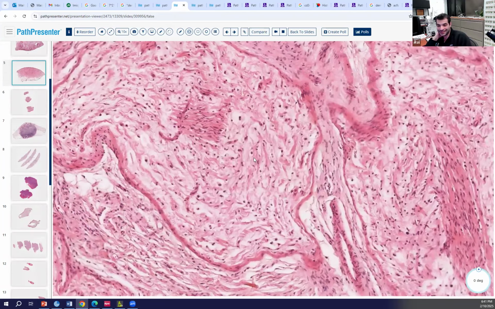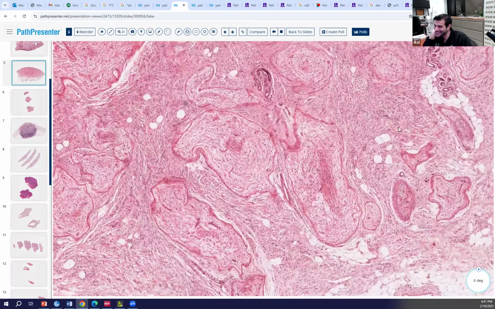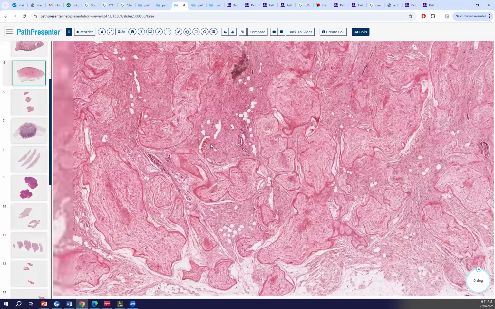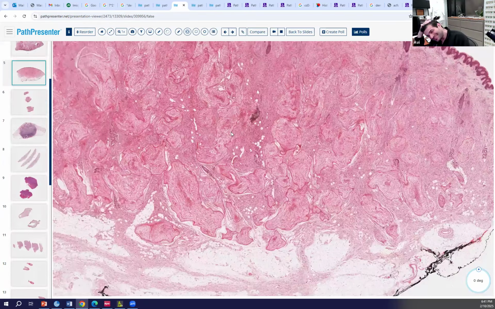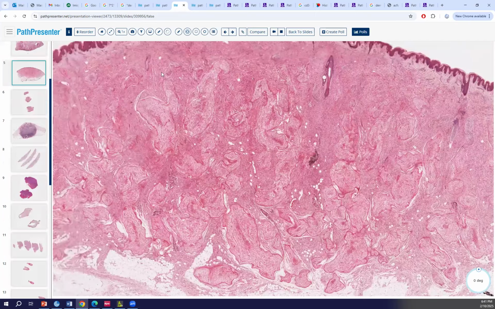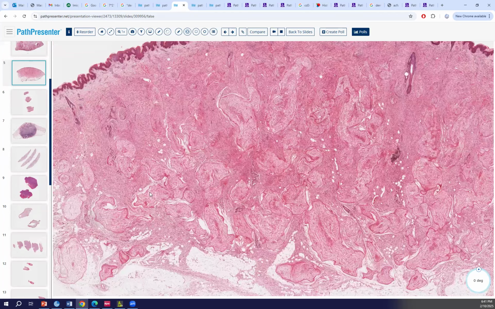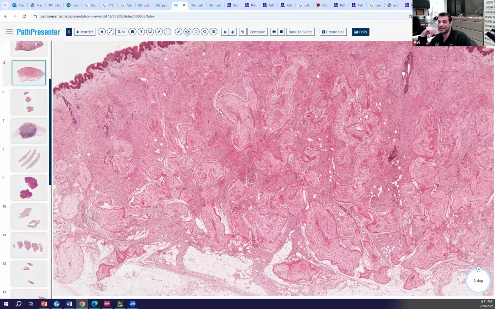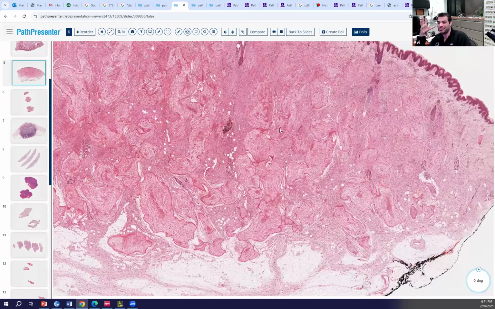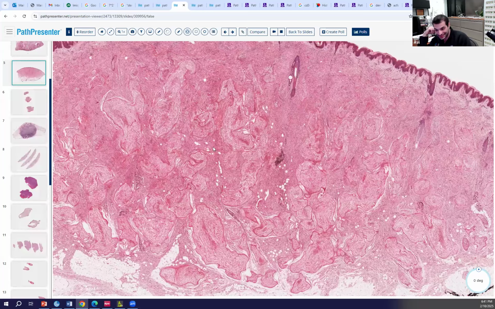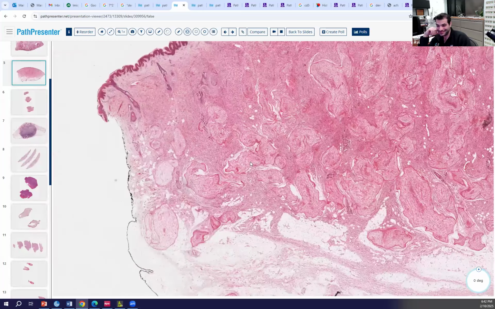Whoever got it in 2 seconds, speak up. Plexiform. Okay, and why do you think it's plexiform? Because it looked like plexiform. No, it's like they're bundled and then multifocal bundles. You can even look at this and be like, if I squeeze this, it'll squeeze like a bag of worms. See that?